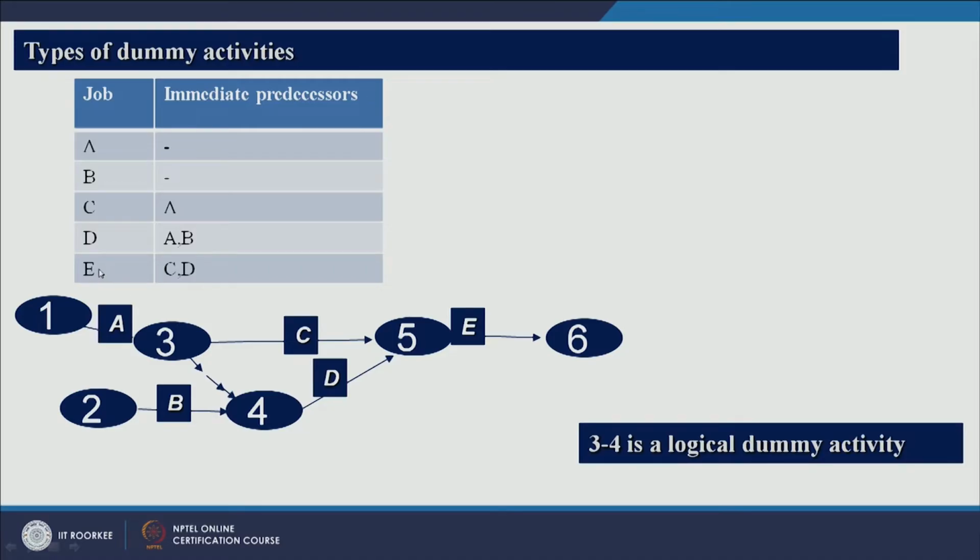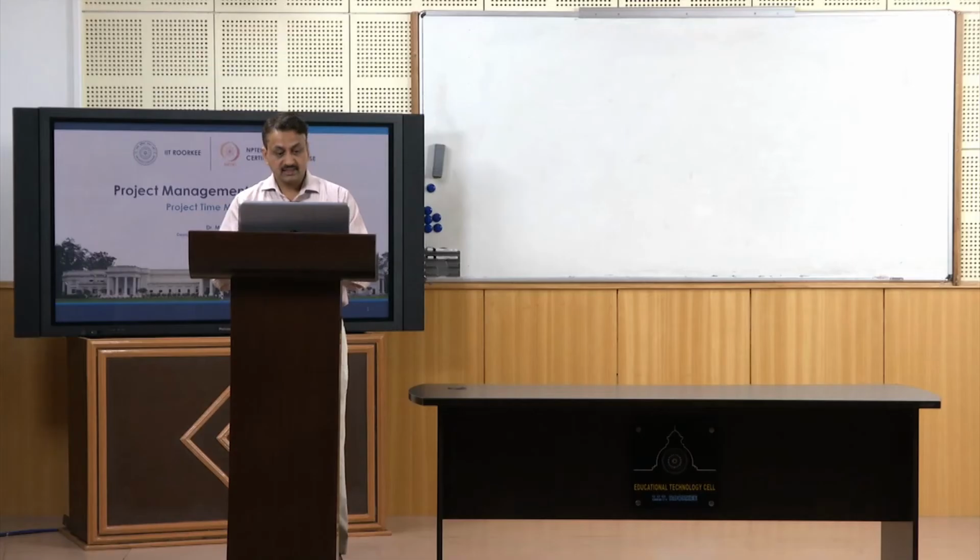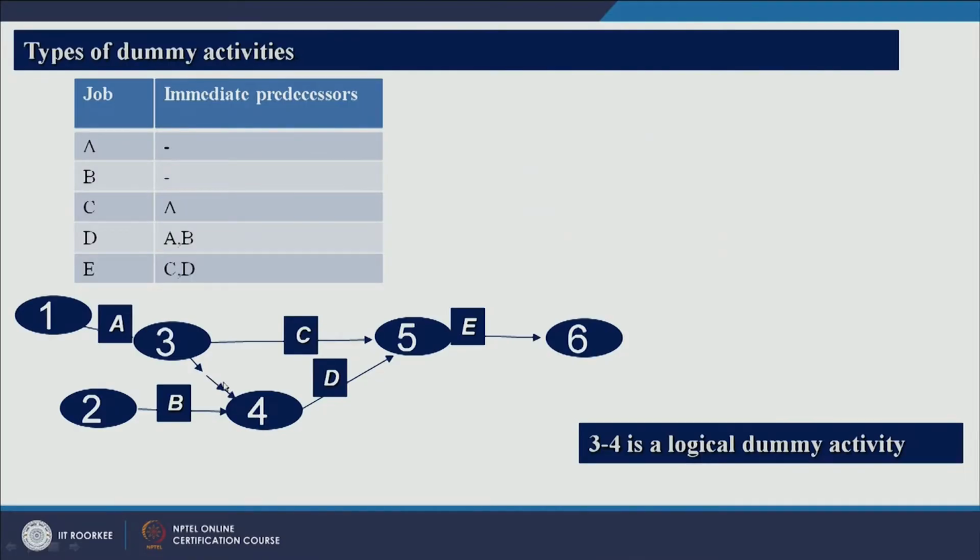Similarly, for activity E, predecessors are C and D. So in this way you can prepare a network, and this activity is a dummy activity. It's called a logical dummy activity. Why did we use this dummy activity here?